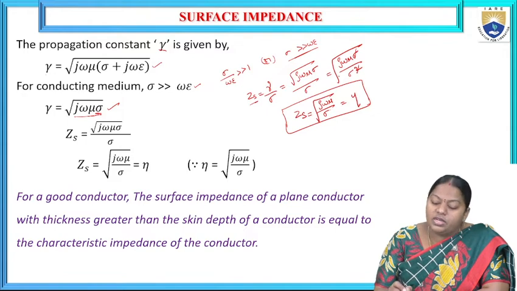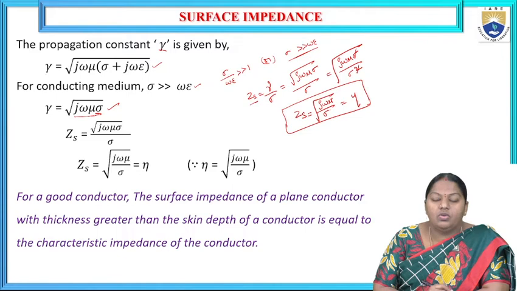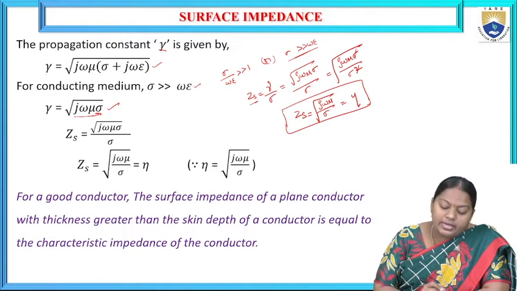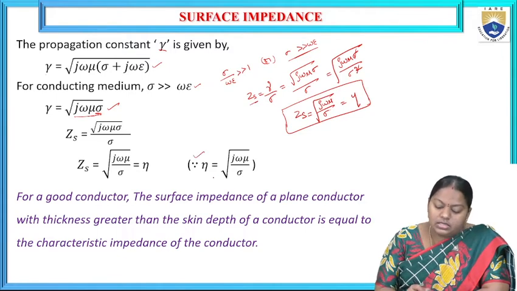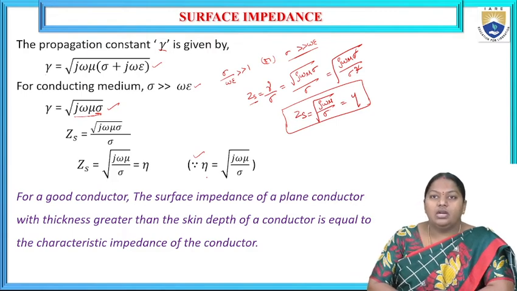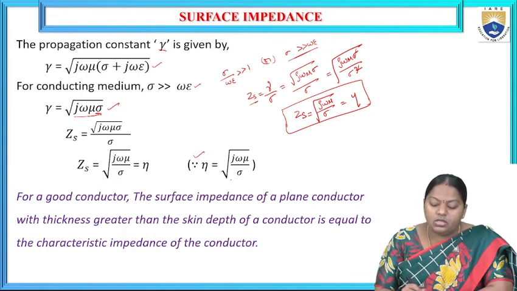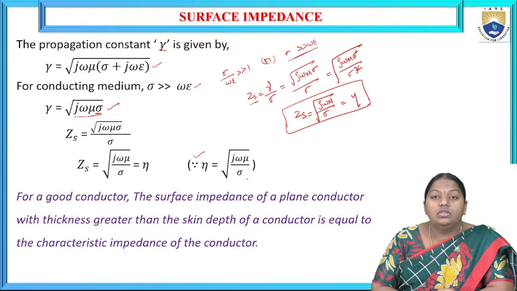If you take this sigma inside the root, it becomes sigma square, then the square root gets cancelled, and the previous statement remains. Cancelling sigma square and sigma, Zs is equal to root over j omega mu by sigma. And we know that the intrinsic impedance of the good conducting medium eta is equal to root over j omega mu by sigma, right?